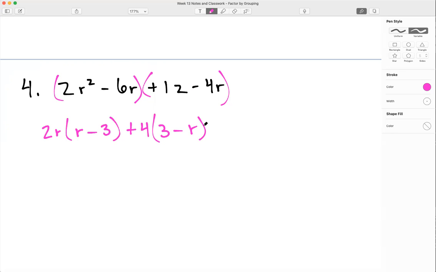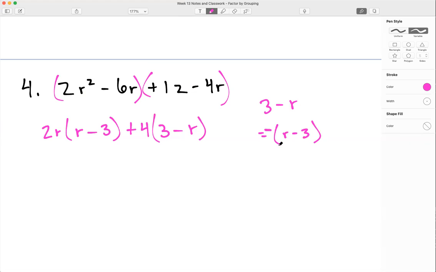Okay, now here's a little trick. Since we have r minus 3 and then a 3 minus r right here, what we can do to switch this, maybe this is kind of advanced, but think about it for a second. 3 minus r is the same thing as negative r minus 3.